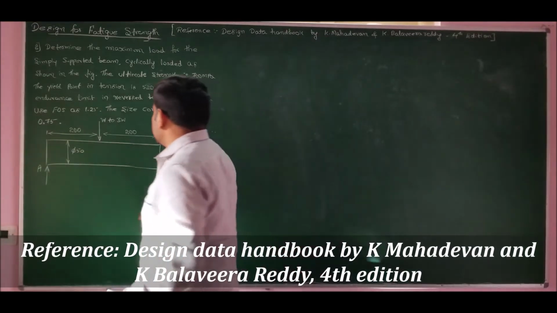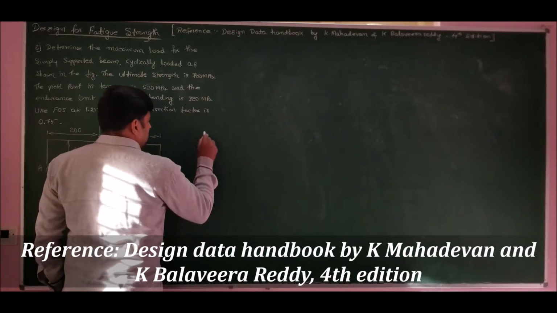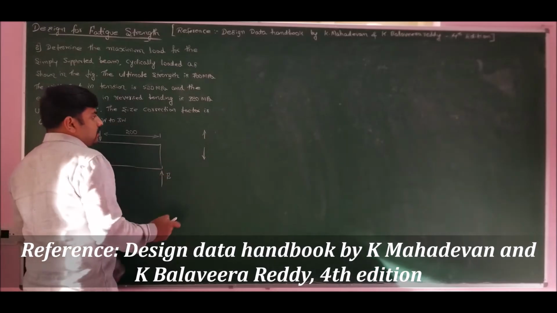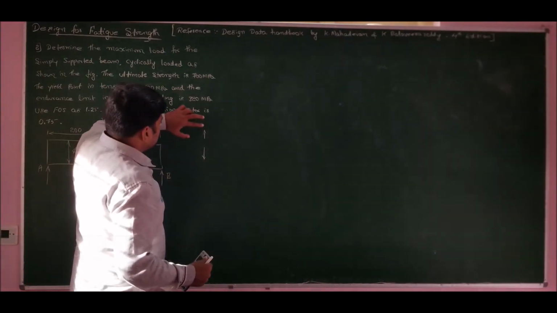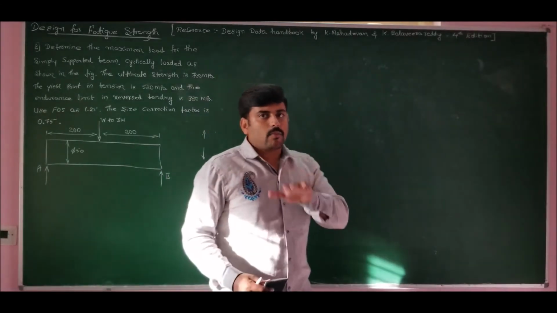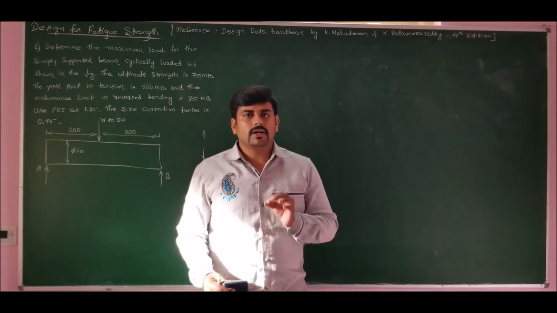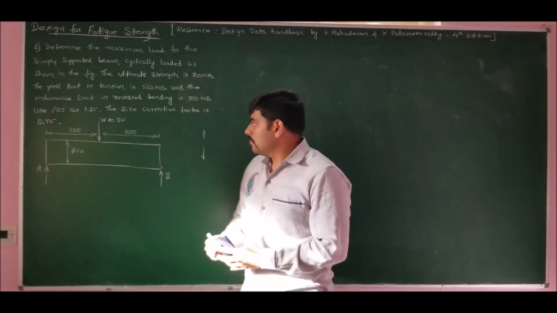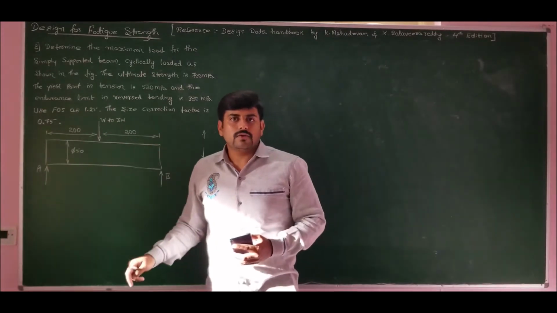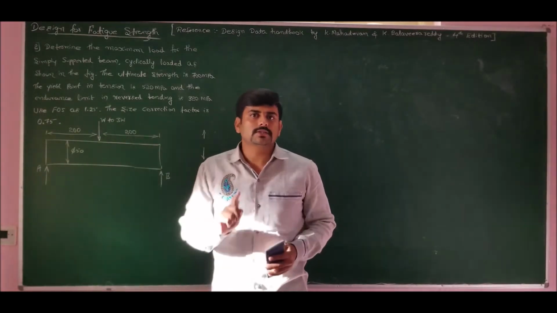If he gives one load downward and one load upward, then take one as positive and one as negative. Preferably, the load which has larger magnitude can be taken as positive, and the load with lesser magnitude as negative. But for this case, both 3W and W are acting downwards, so let us take the downward force as positive. Therefore 3W is positive, and W is also positive.